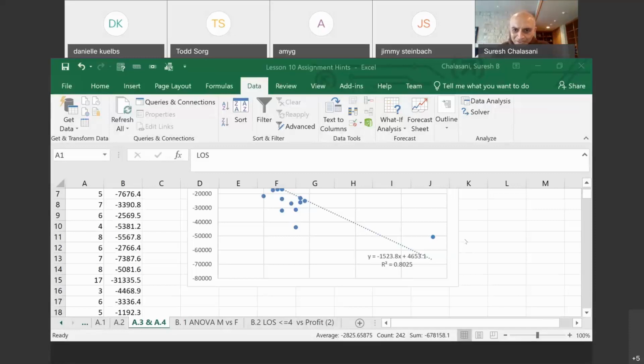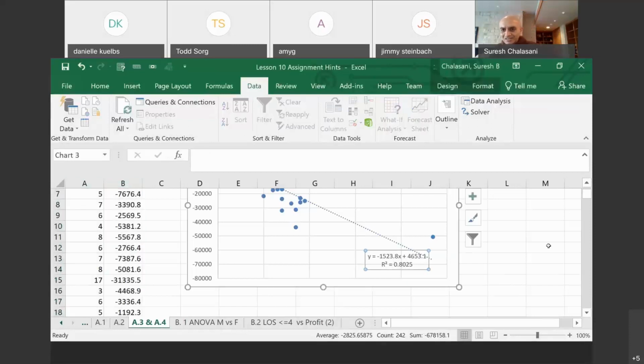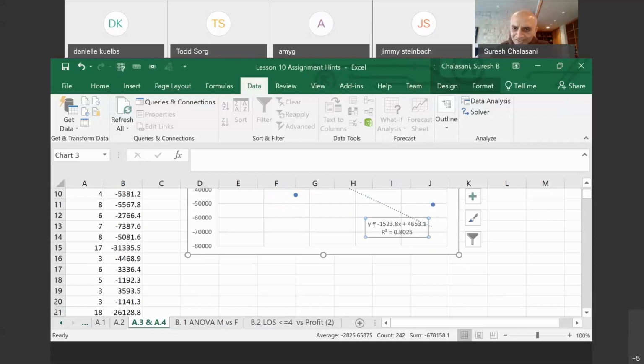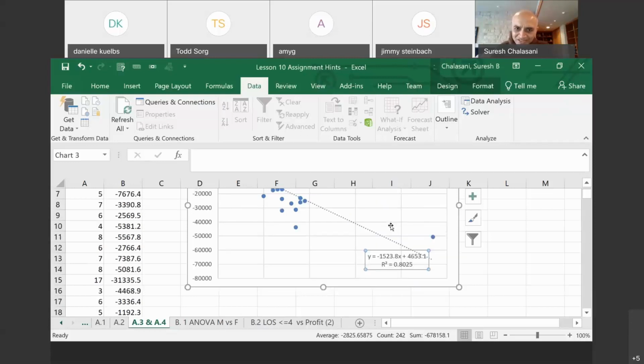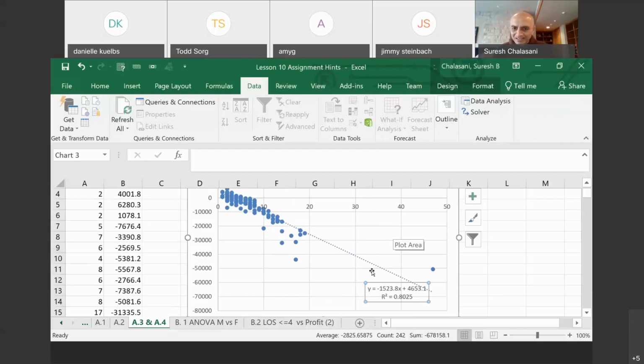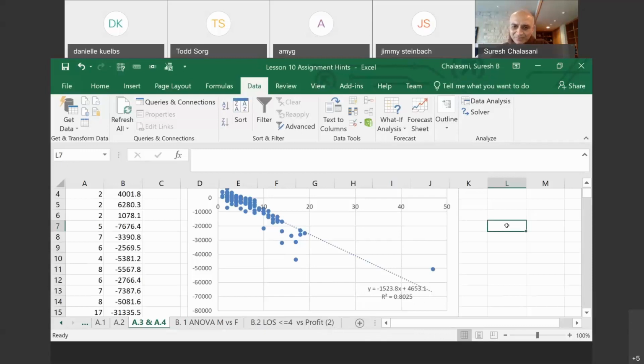To figure out which length of stay gives us profitability, versus which length above which or below which we are no longer profitable, we want to focus on this equation, right? This trend line equation, that's why this trend line is the most crucial. This is an algebraic equation. It gives us the best fit. And so we take this and then we solve this equation.